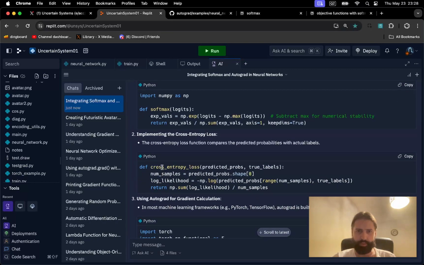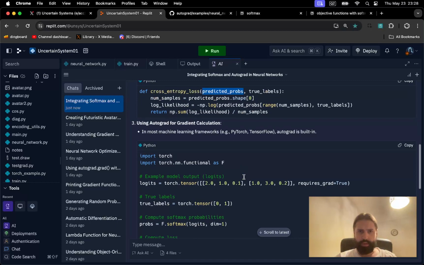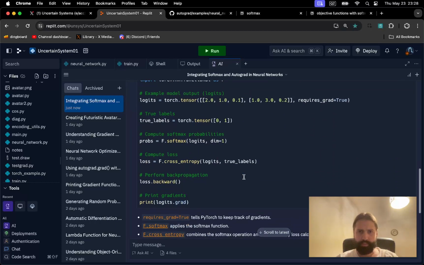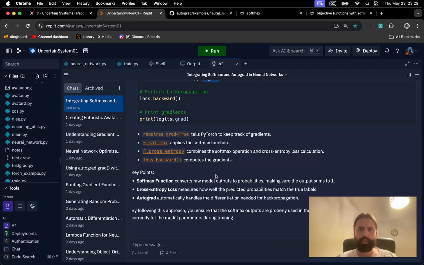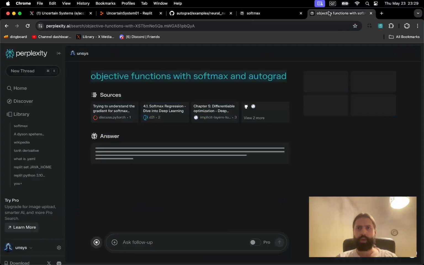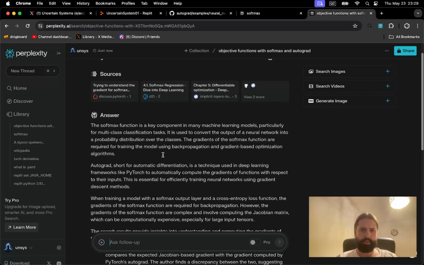The cross entropy. Predicted probabilities, yeah, but the predicted probabilities is something you're giving it already. That's not what we're doing. It just doesn't get it. The AI doesn't really get it.